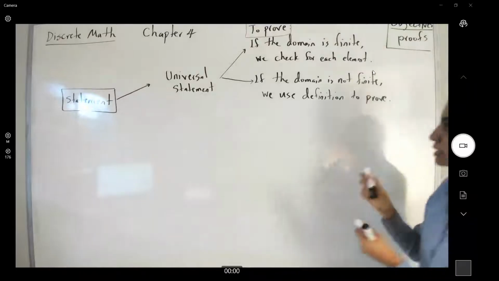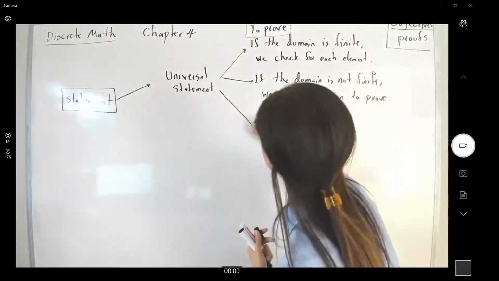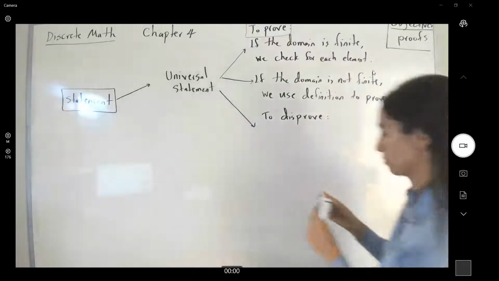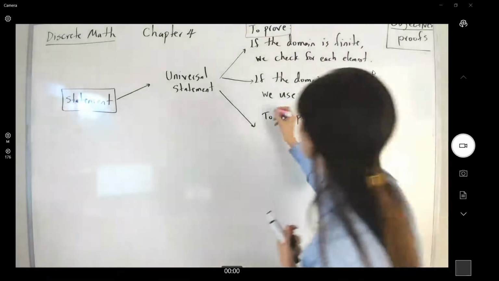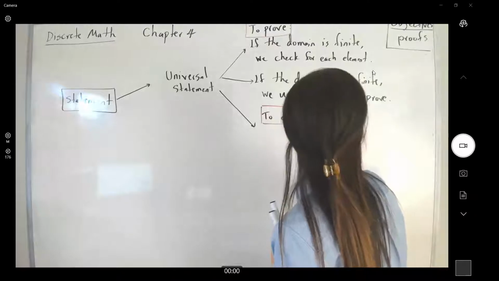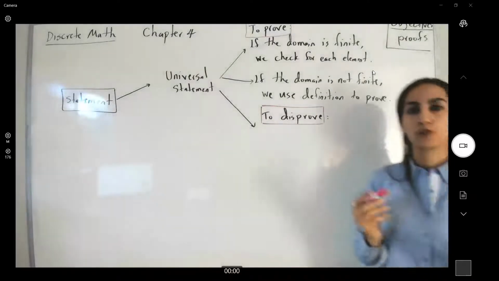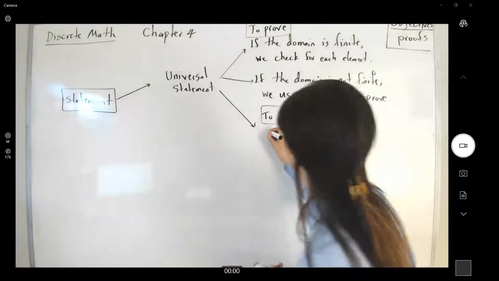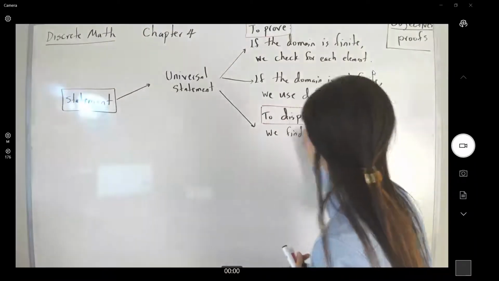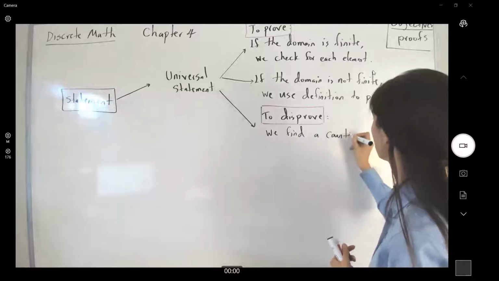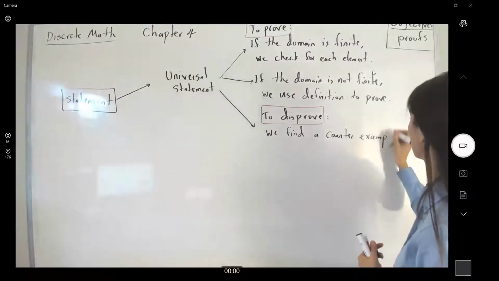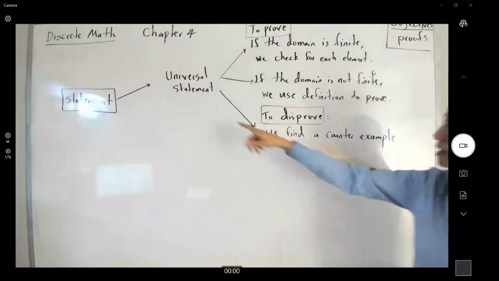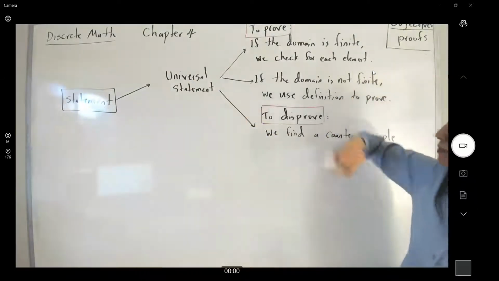For a universal statement, if you have the case to disprove a universal statement, you need to find a counter example.